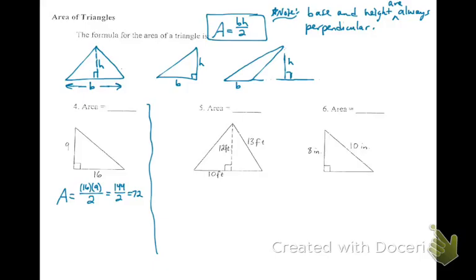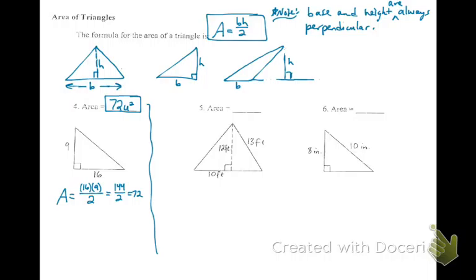Now area is always units squared, so I'm going to leave my answer as 72 units squared. We don't have a specific centimeters or feet or inches or yards, whatever the case may be. So we have to write just U squared when there's no units given.